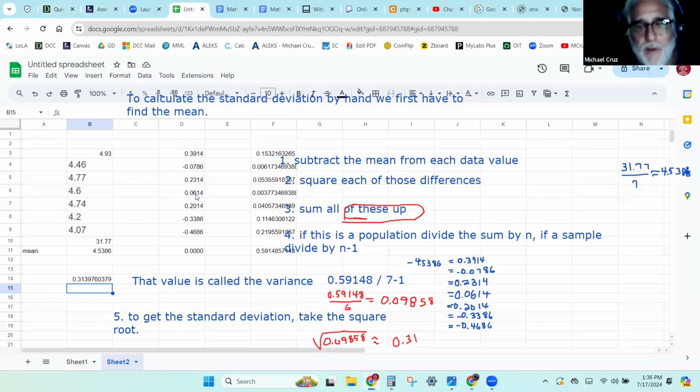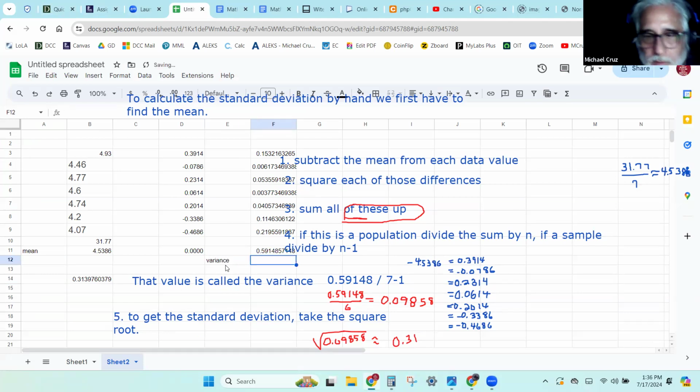Well, anyway, I know what I was going to do. I was going to do the variance right here, just to see if I hadn't made any mistakes over there.